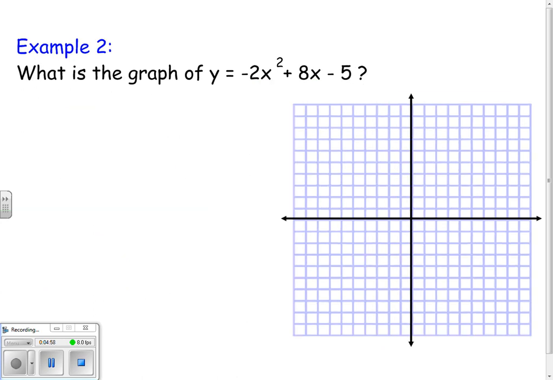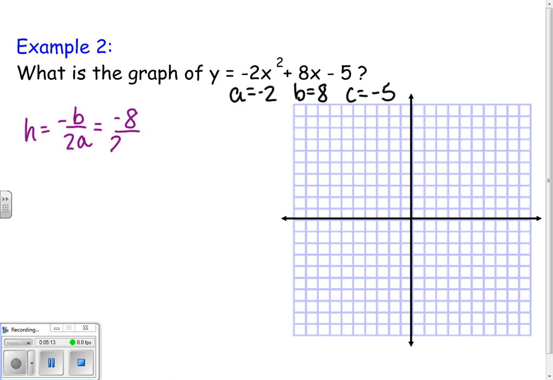All right, number 2, same situation. I have an a of negative 2, a b of 8, and a c of negative 5. So we're going to find h first. To find h, you do negative b over 2a. So negative 8 over 2 times negative 2 is negative 8 over negative 4. My h value is 2.